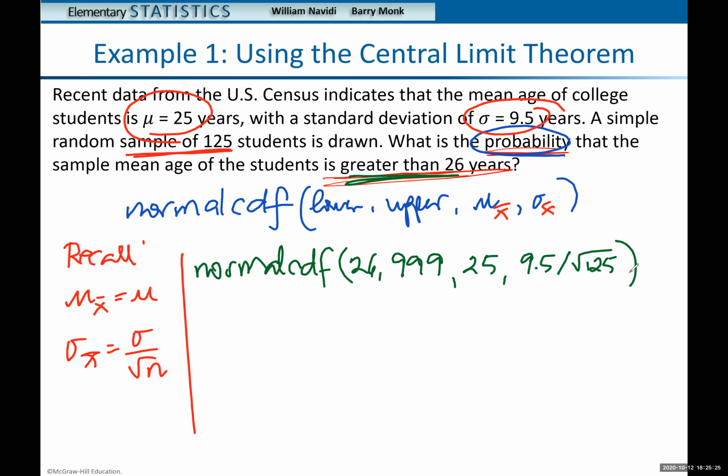Close parenthesis and enter. So try that. What did you get? 0.1196.